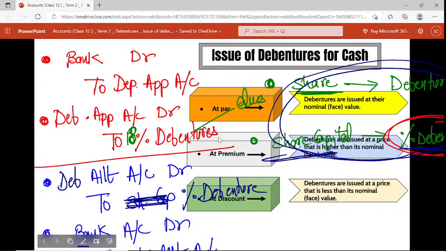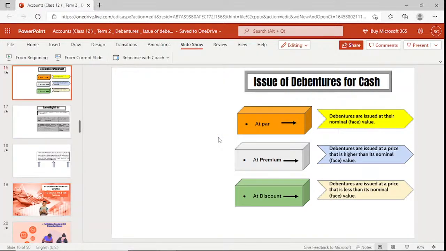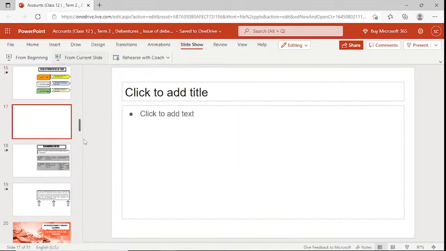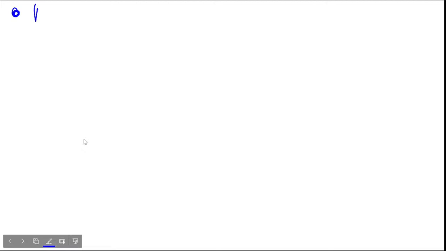Let me pass it on a new page. So now I am passing the journal entries here for application, for allotment, and here for the first call.